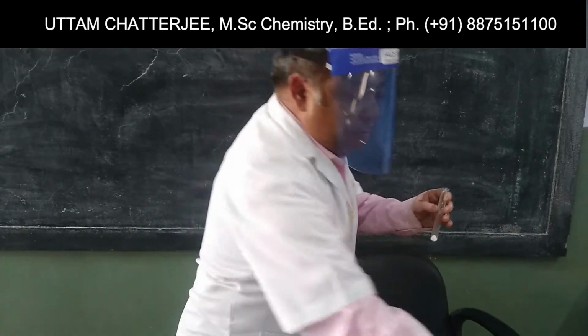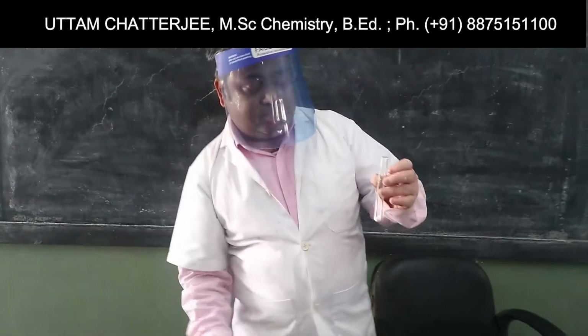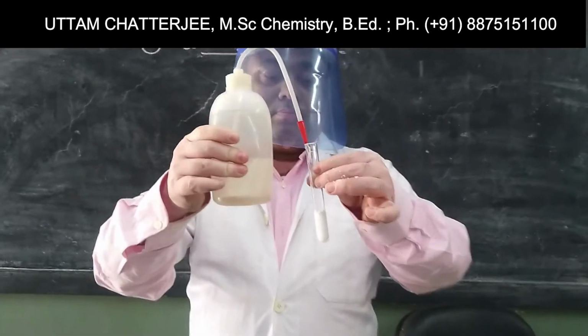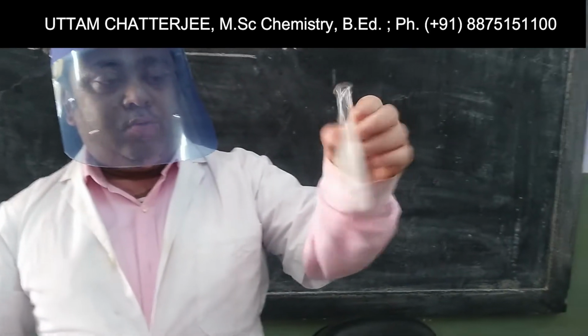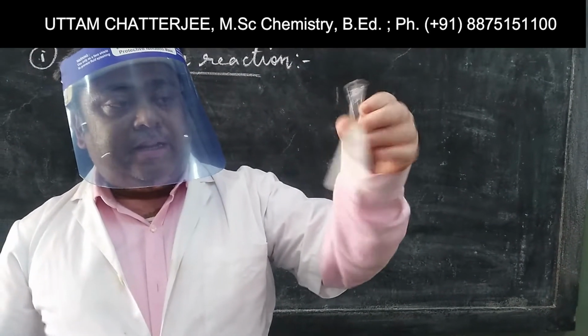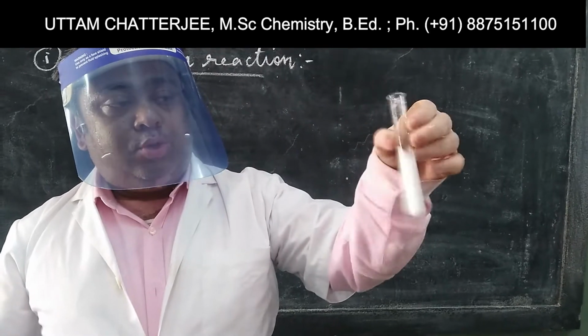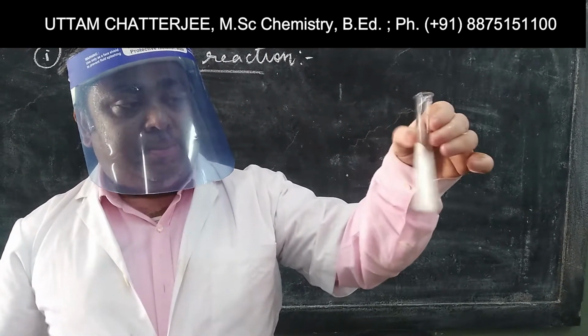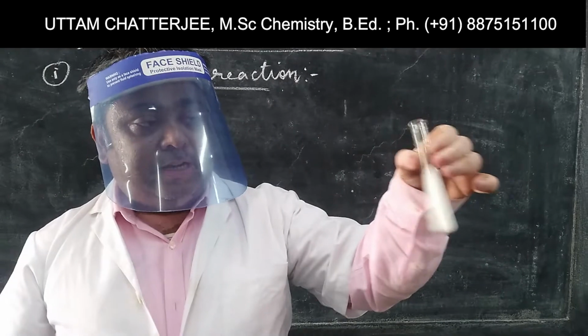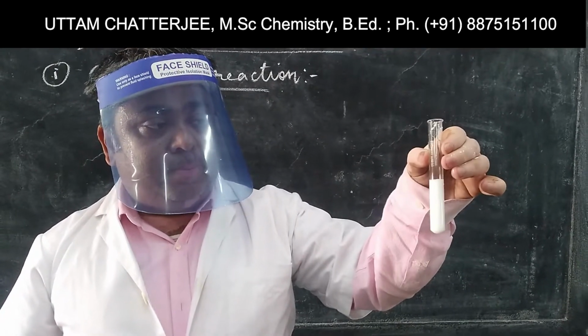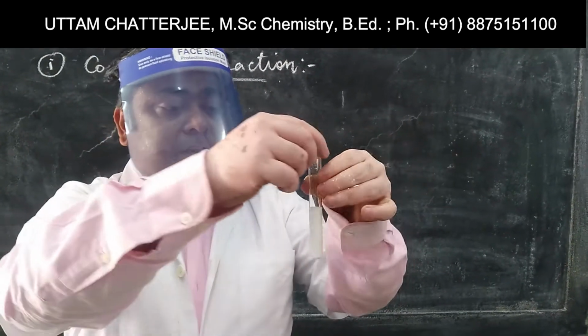In this, I will put water. On putting water, we find a solution in which some insoluble substance is there. That means calcium oxide is not completely soluble. What is happening? I am feeling it warm.